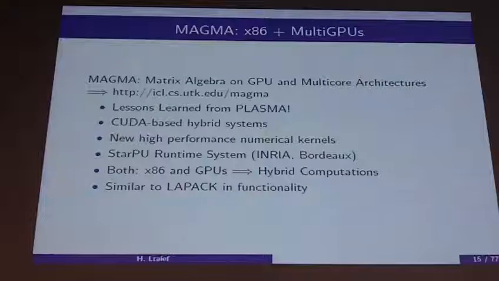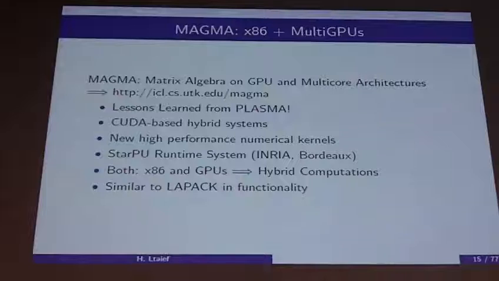We use the StarPU runtime system from INRIA Bordeaux because as of today, QUARK does not really handle the GPU, the coprocessor, as a resource, meaning Plasma is really focused on x86 only. So with MAGMA, we had to collaborate with some of our colleagues at INRIA Bordeaux, and we use their StarPU runtime system for that.